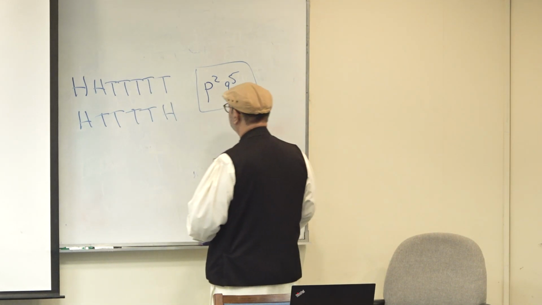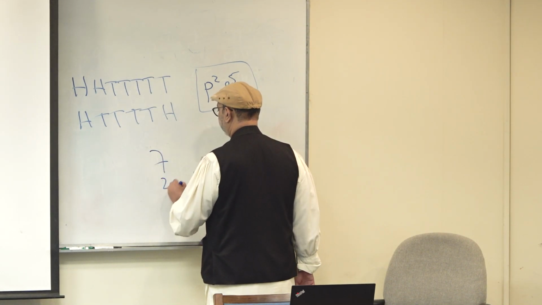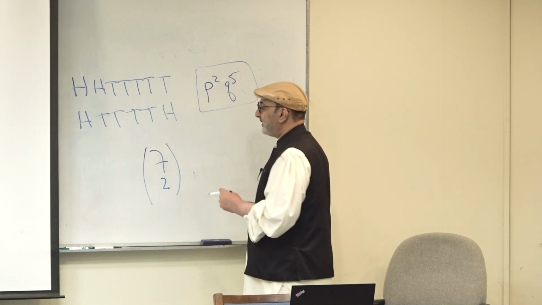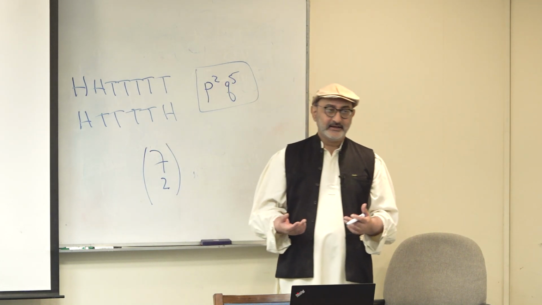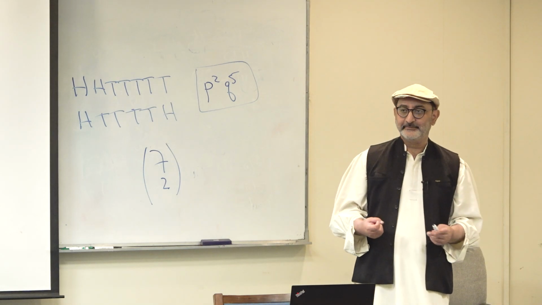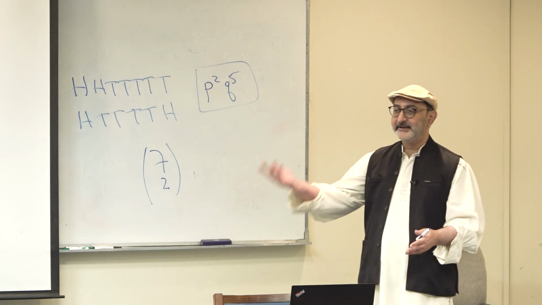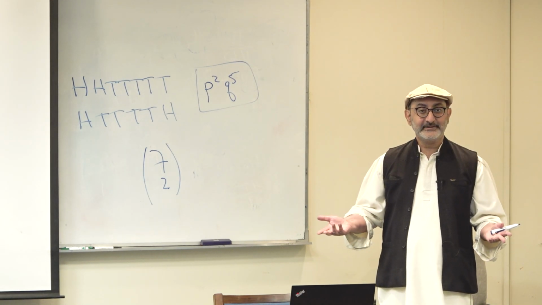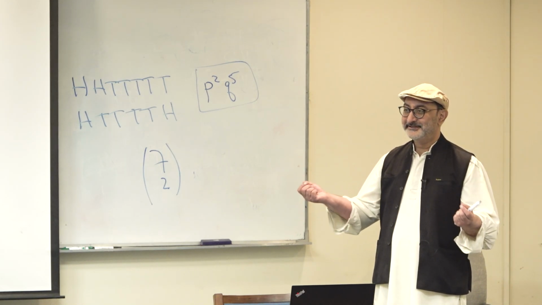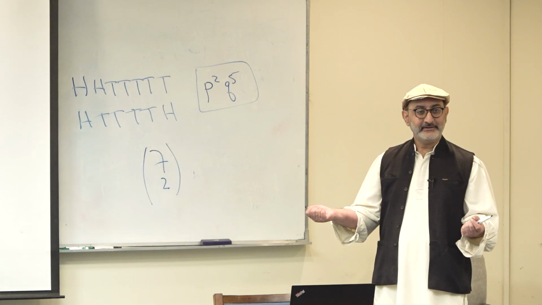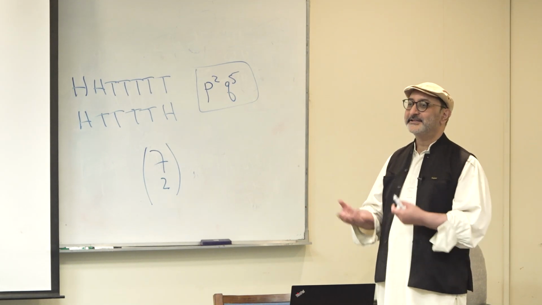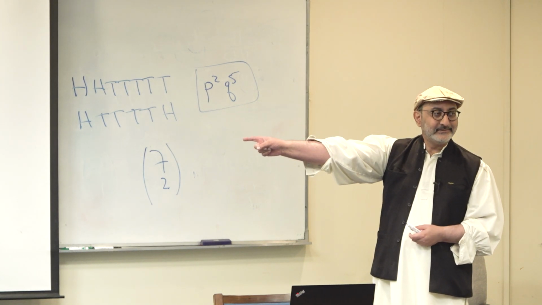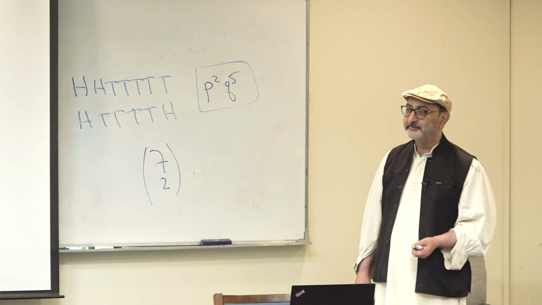Then the 5 slots for the 5 t's are fixed. Once you've done that, you don't have to do anything else. There's only one way of putting the t's in, right? So the number of sequences which meets that requirement is 7 choose 2.